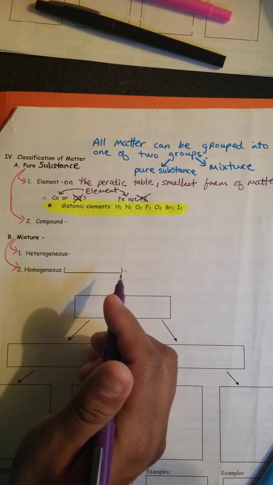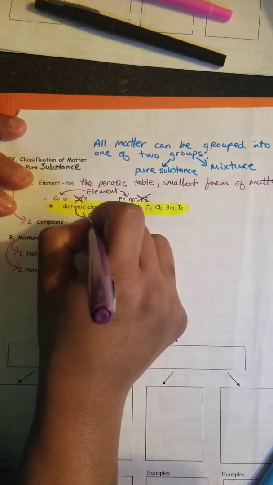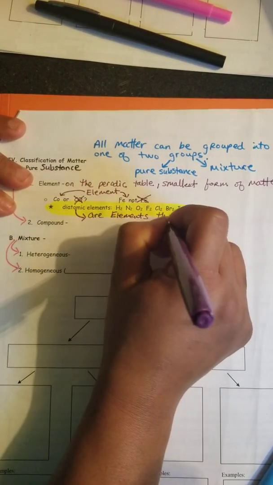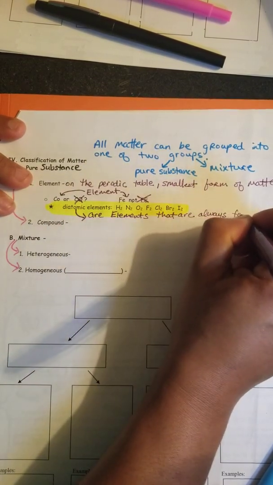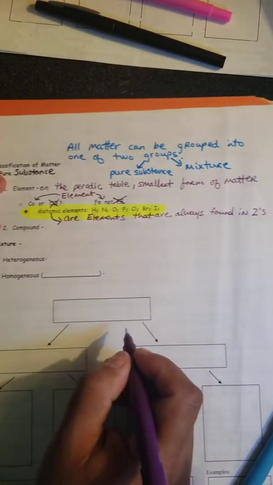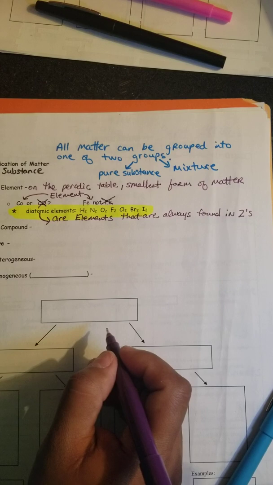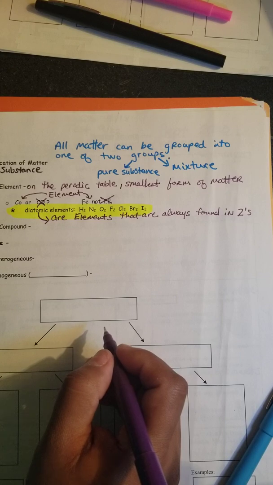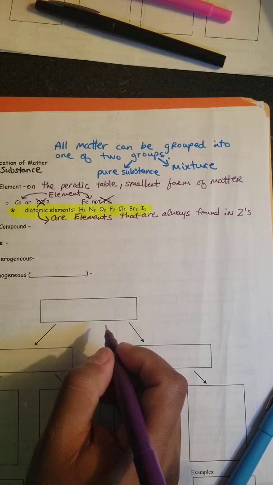And a diatomic element are elements that are always found in twos. They're always found in twos. They come paired together. So if you're looking for an oxygen and you find an oxygen atom, it actually has another oxygen atom attached to him, and they're always together in twos. Okay, they're called what we call diatomic.